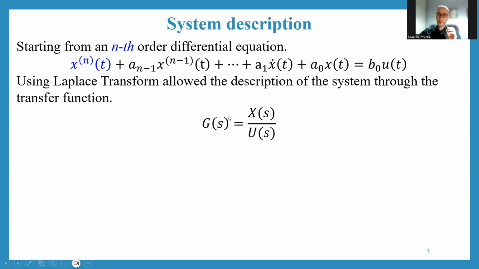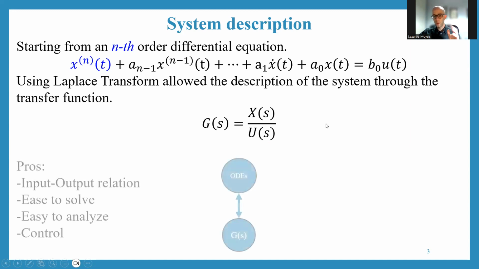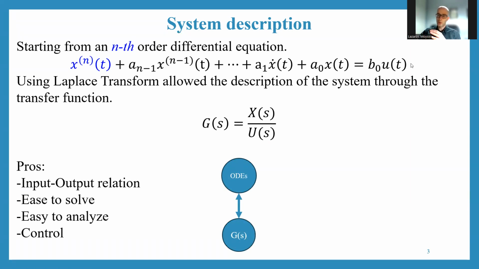The transfer function is a great idea, an extremely valuable tool, because it gives us a direct input-output relation between the input, which is the variable u right here, and the output, which is some sort of available measurement, usually the direct variable x that we have here. You may not be extremely familiar with differential equations, but using the Laplace transform and transfer function, it is very easy to solve the system.